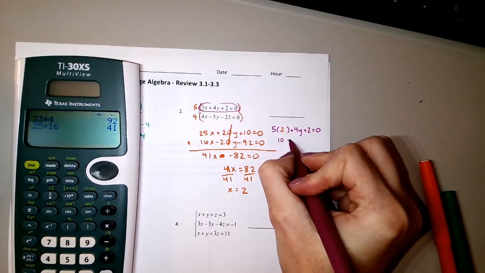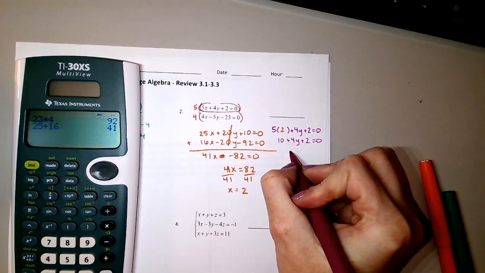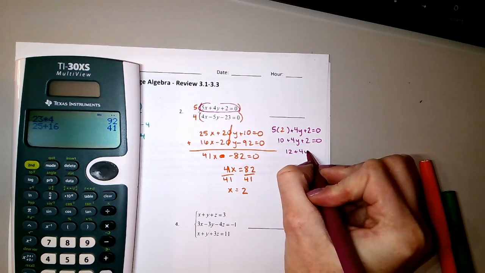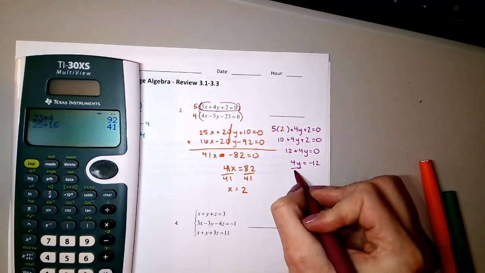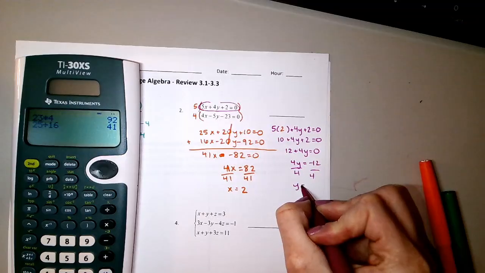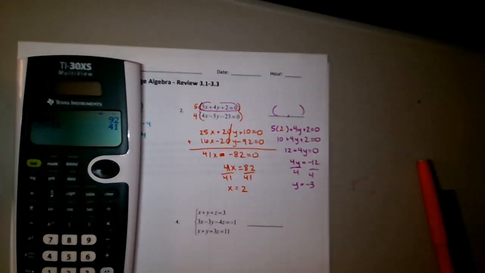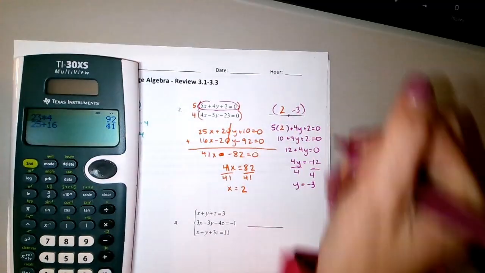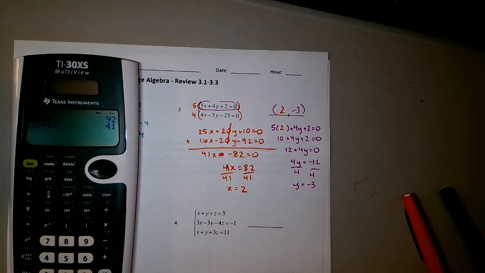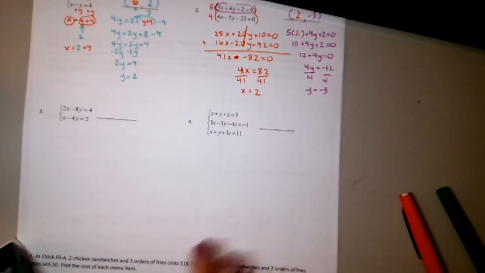That'd be 10. 10 and 2 make 12. Subtract the 12 over and I get y equals negative 3. That would be an ordered pair with 2 as your x, negative 3 as your y. Very good. Moving right along.